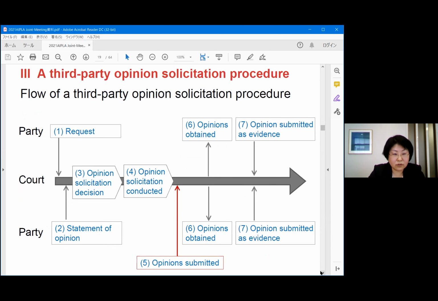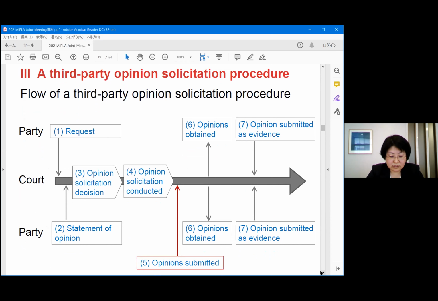So this is a flow of a third-party opinion solicitation procedure. Step 1, request by one party. Step 2, statement of opinion by the other party. Step 3, opinion solicitation decision by the court. Step 4, opinion solicitation conducted by the court.